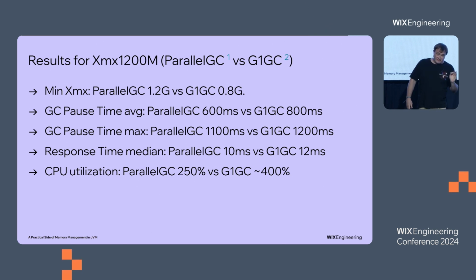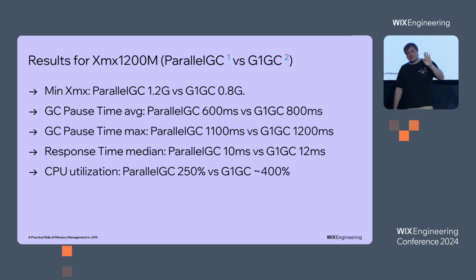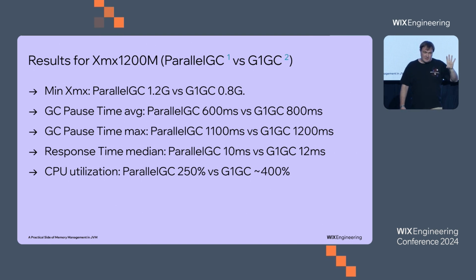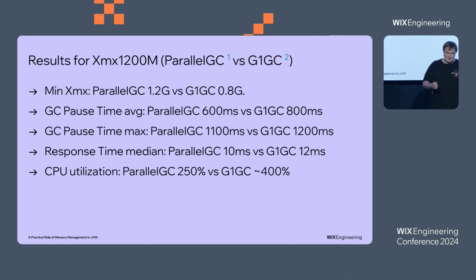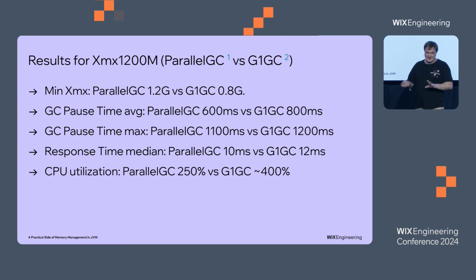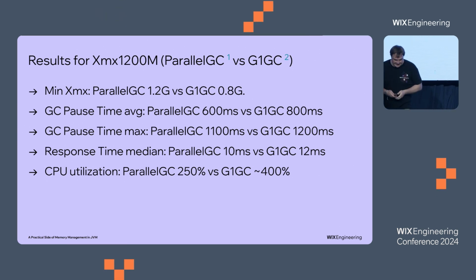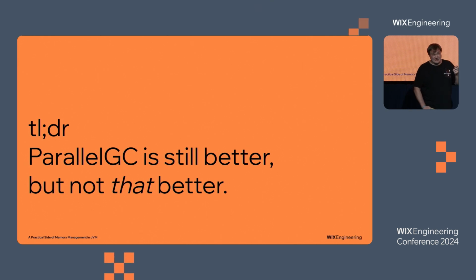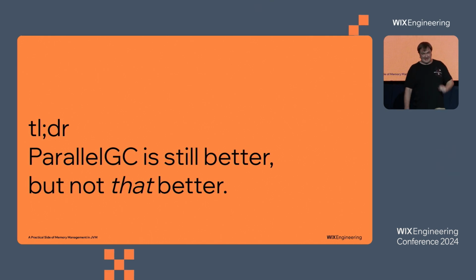The one benefit of G1 GC is that it continued to operate once we reduced Xmx down to 800 megabytes, which is actually crazy. And it actually held the same throughput, granted that it consumed much more CPU than at a regular level. So TLDR: parallel GC is still better, but only slightly better.